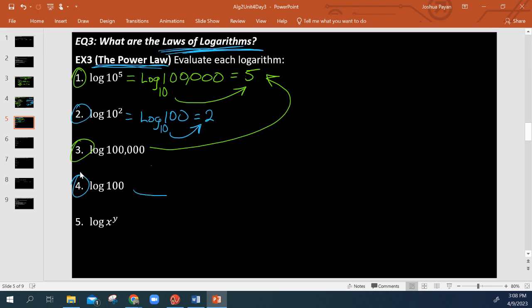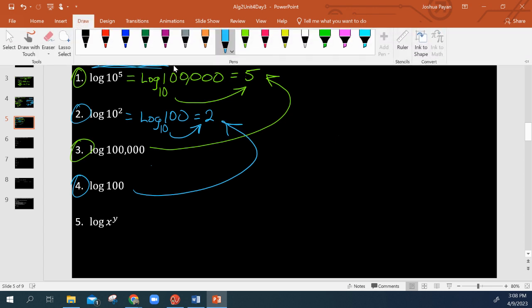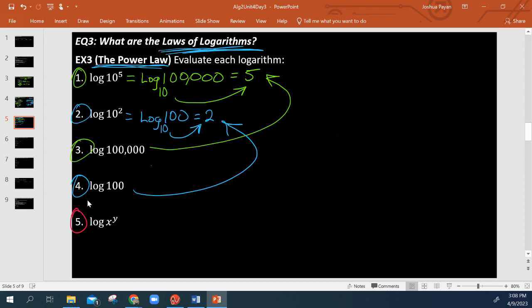That pattern is simply this: if I have log base b of x to the y power, and I'll use parentheses to be specific, what we're always going to end up with is y times log base b of x. This is the power law of logarithms.